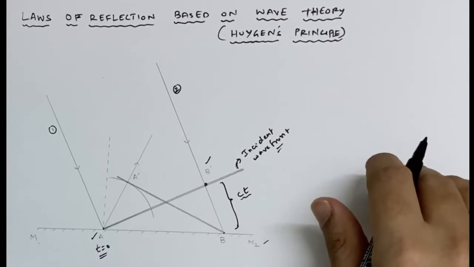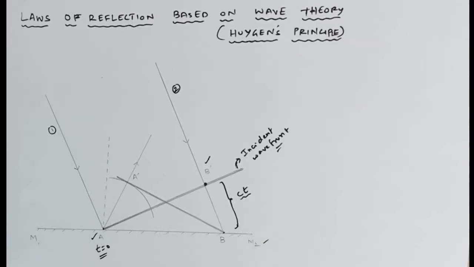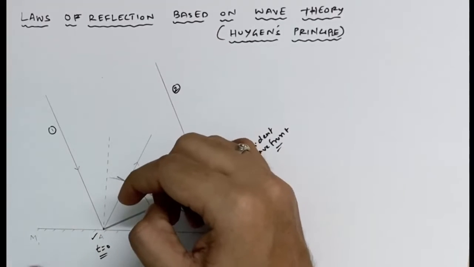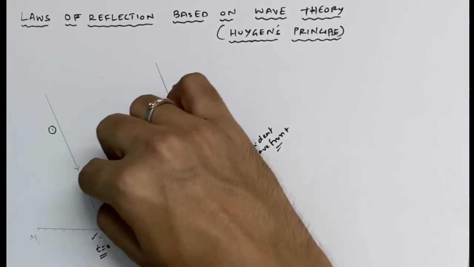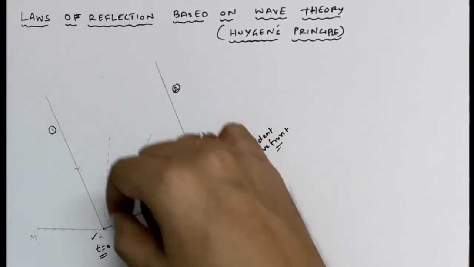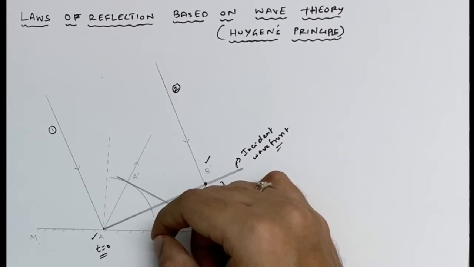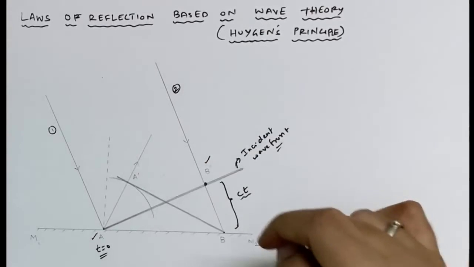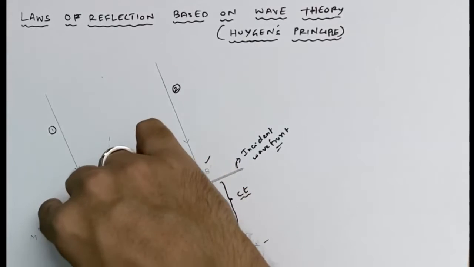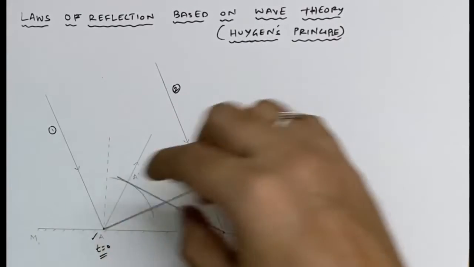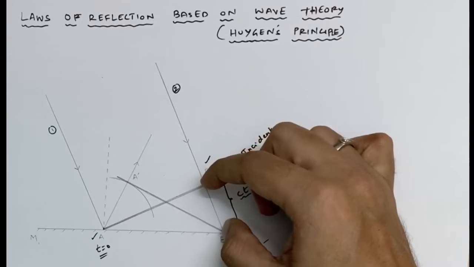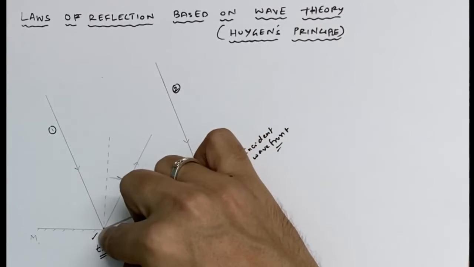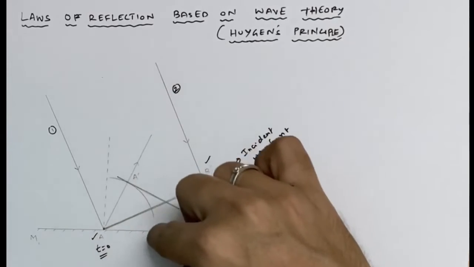By the time the first ray has hit the surface, it would have started generating spherical wavefronts, because every point on the incident wavefront behaves like a source for the secondary wavefront. So in the extra time t, by the time B dash B has travelled a distance ct, the wavefront at point A would also have travelled a distance ct.